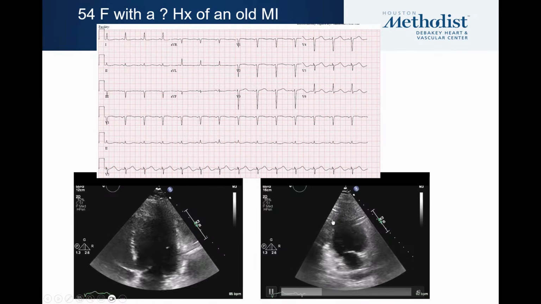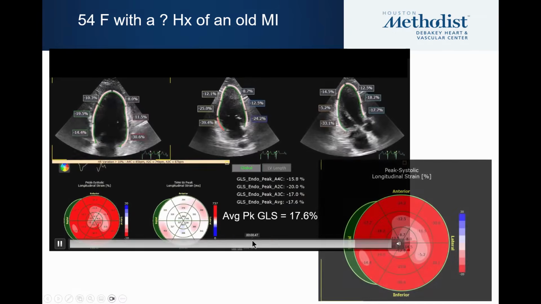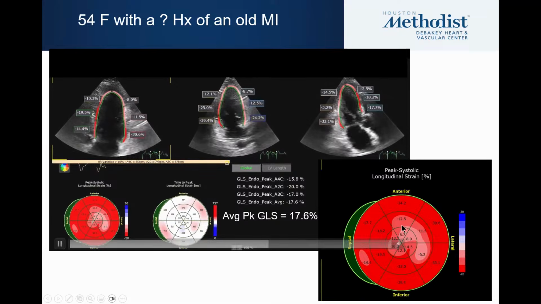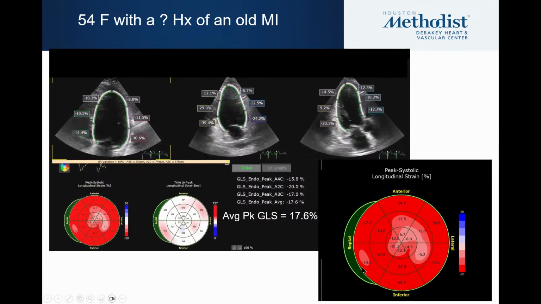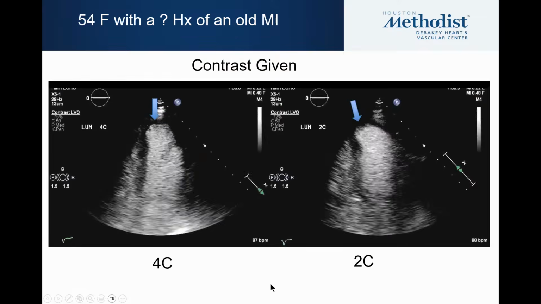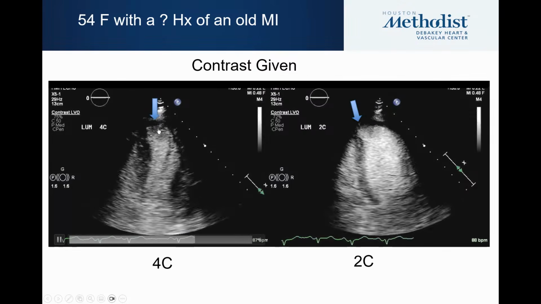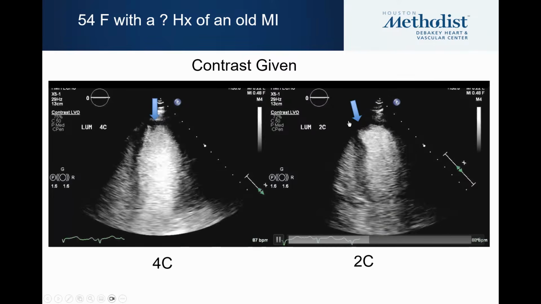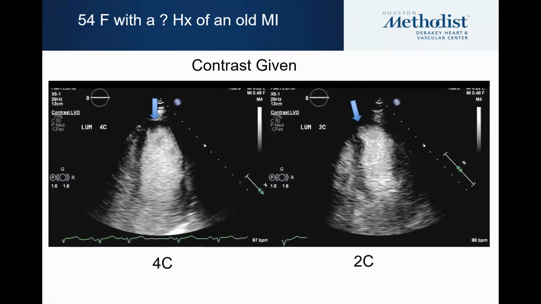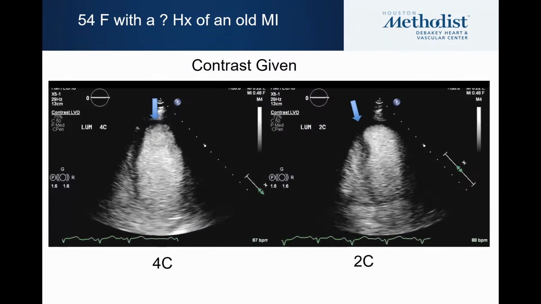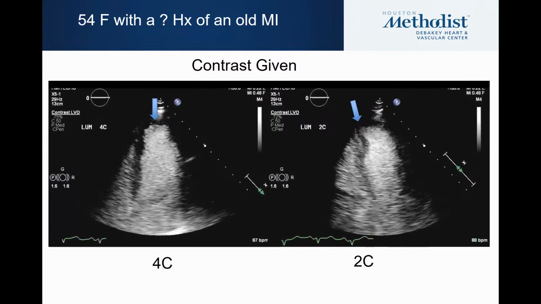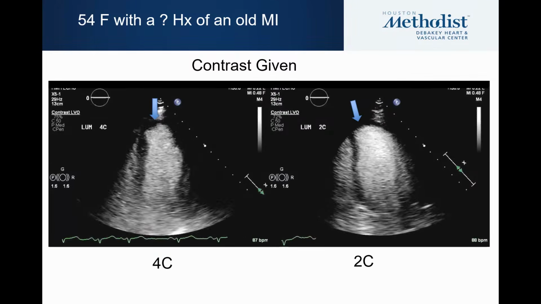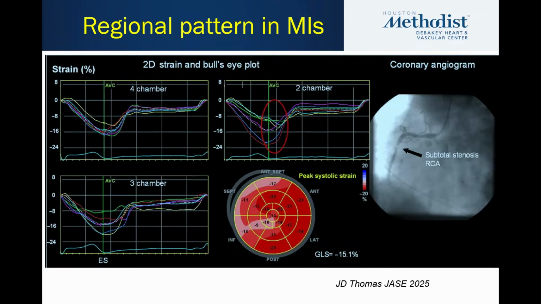Very hard to say anything about this, okay? However, the strain clearly showed an area here of very, very bad reduced numbers, okay? So next thing would be to use contrast. And there it is. Very nice apical akinetic area. So clearly there are patterns in the GLS bullseye that can point towards potential for ischemic abnormalities.